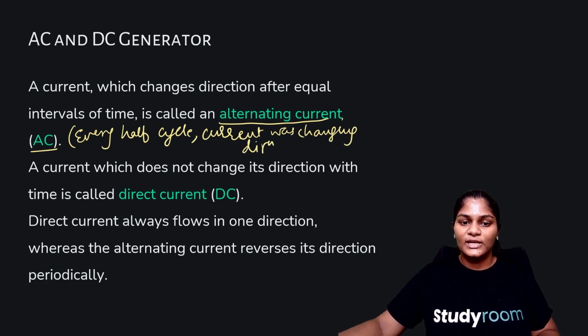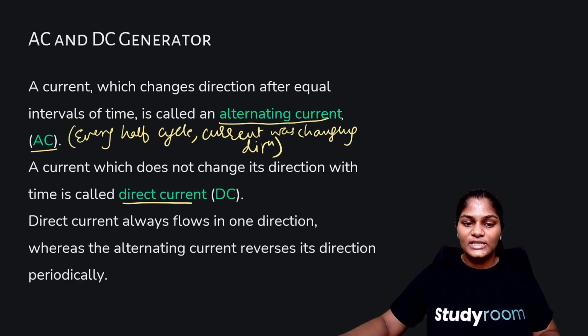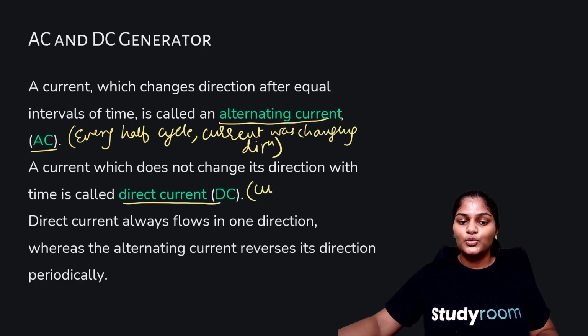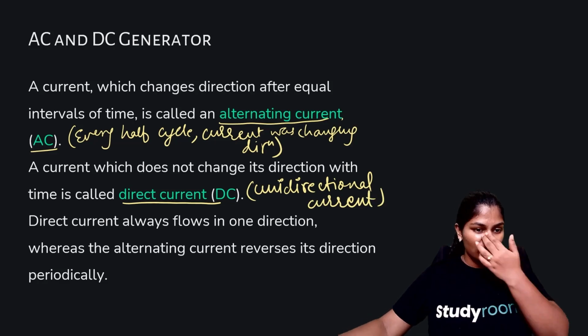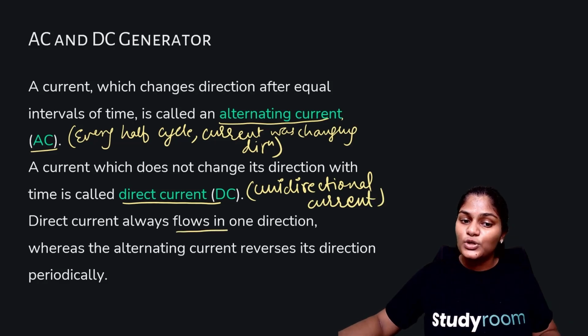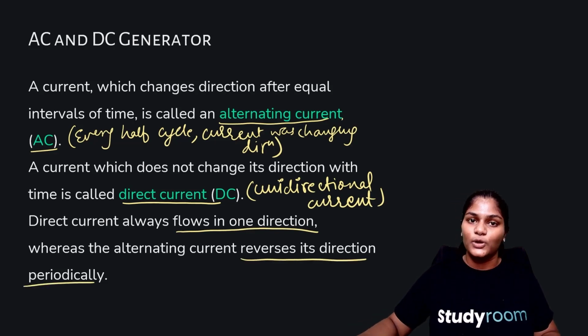And a current which does not change its direction is a DC current. It is a unidirectional current. Unidirectional means it only flows in one direction. Okay. The direct current always flows in one direction, whereas the alternating current reverses its direction periodically.